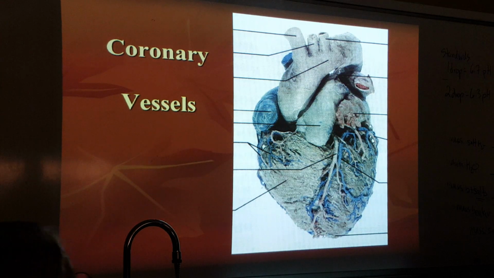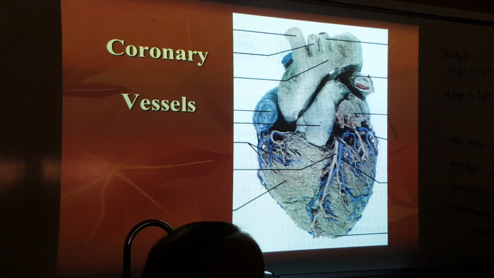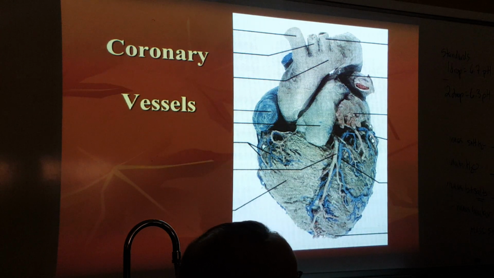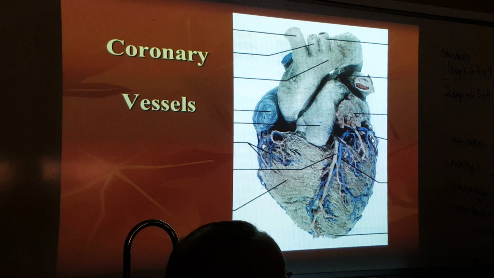So heart muscle has a huge oxygen demand, and if you compromise the patency of these vessels, and if they become narrowed at all, it reduces their ability to feed the heart tissue, and that's not a good thing.